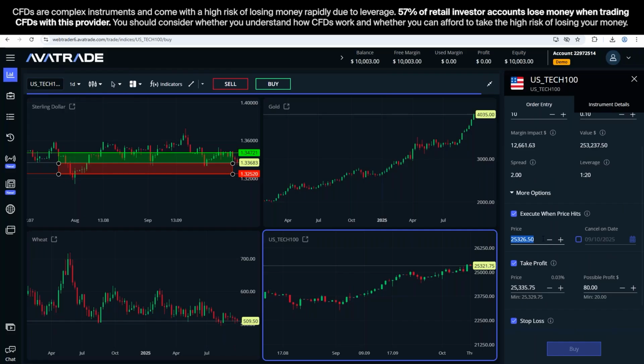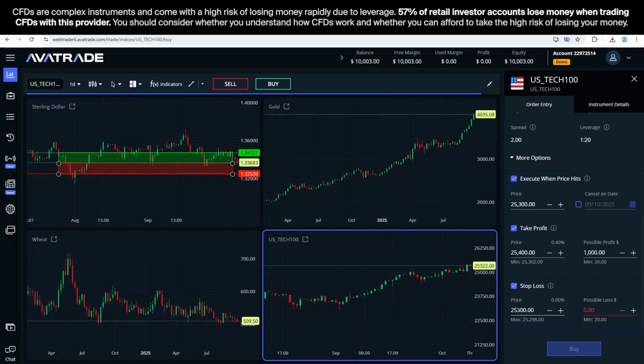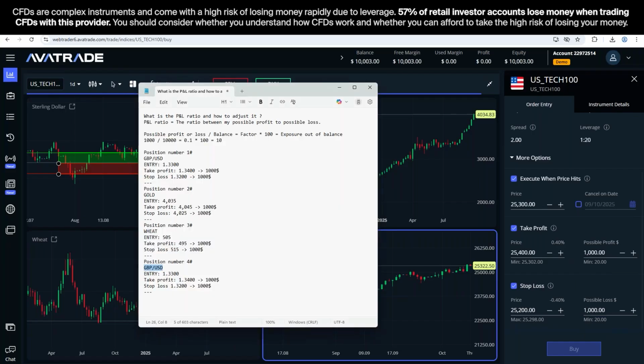Again, we're going to bound the entry to be 25,300. And then our take profit can be maybe $100 higher, and our stop loss can be $100 lower. This way, again, we're looking at the same ratio. But as I said 3 times already, that's not an issue. We're going to fix that. Entry is 25,300, and then we are going to paste it right here.